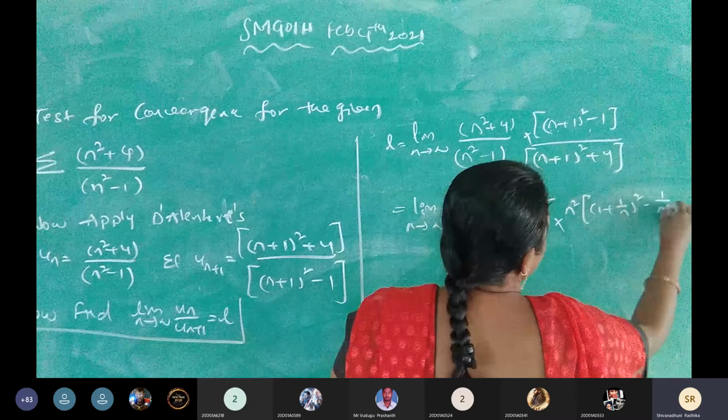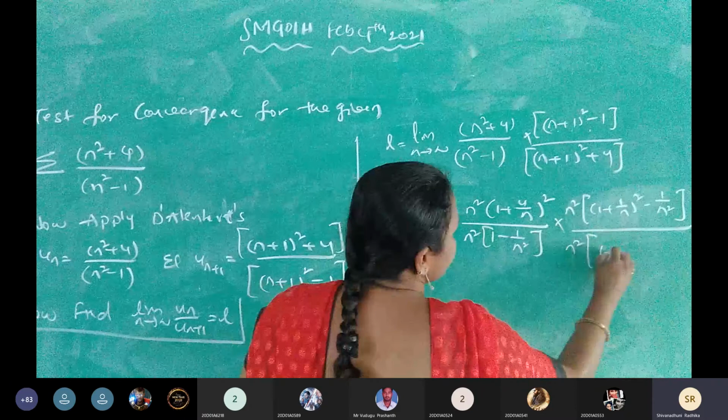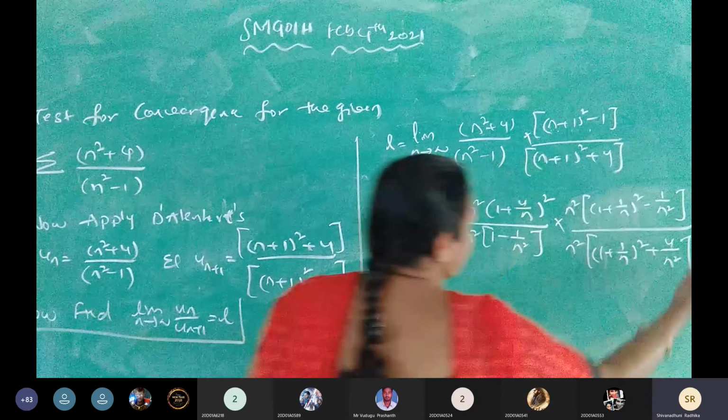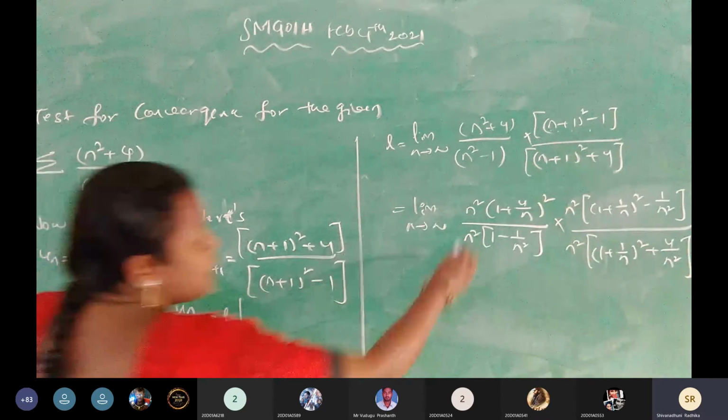In the denominator also n square is common, so we get 1 plus 1 by n whole square plus 4 by n square. Is it clear? The total n square gets cancelled.